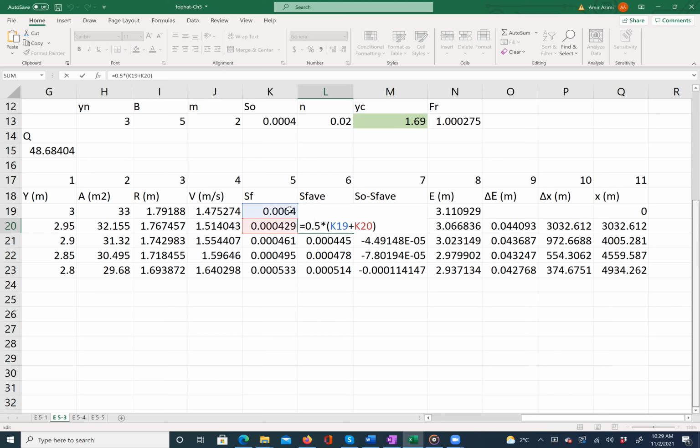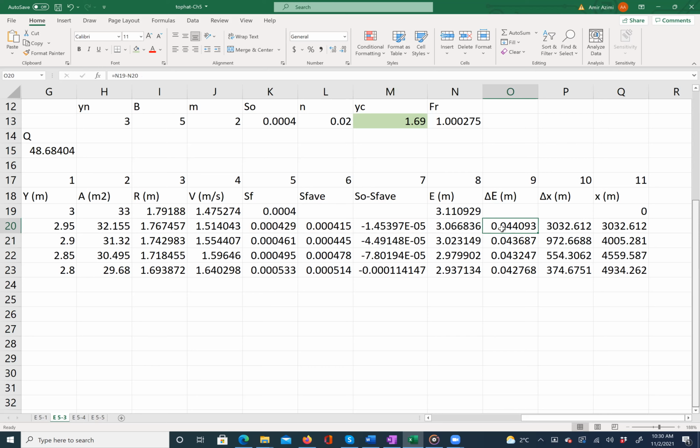So the average slope is the slope between two adjacent distances, so 1/2 of the friction slope between 3 and 2.95 depth. And then the longitudinal slope or the channel slope minus the average friction slope.